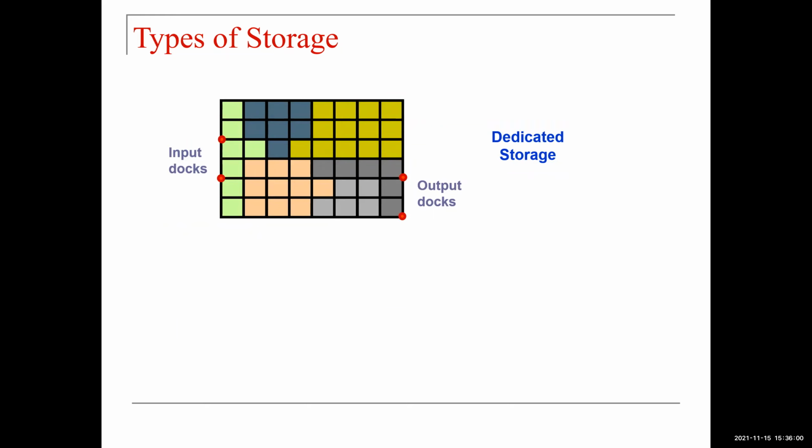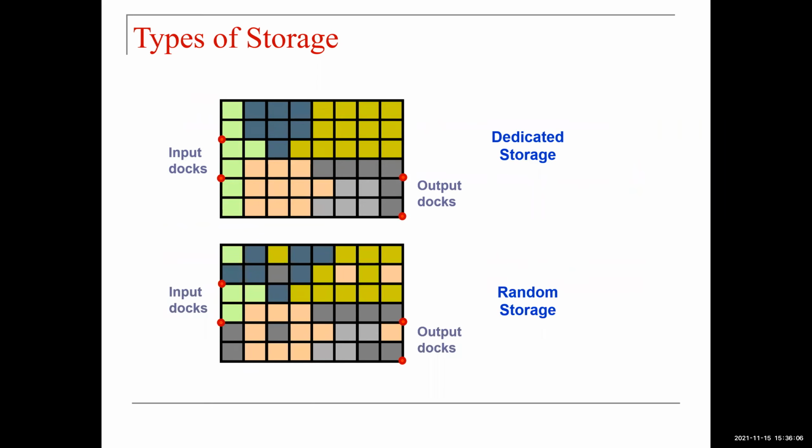From a pictorial representation, we have dedicated storage here at the top, and then random storage. You see dedicated storage has those colors grouped in an area of the warehouse. So for example, you have those light green colors. That means that you have that space occupied by a specific type of product.